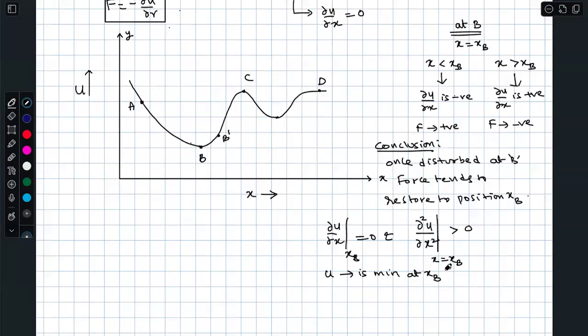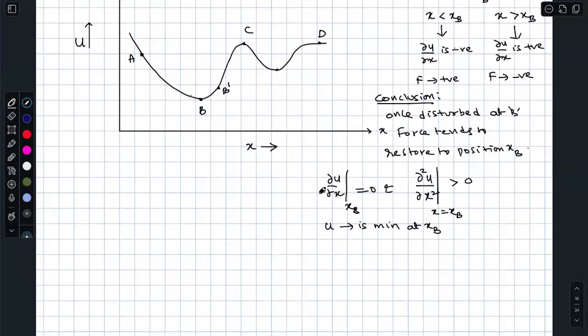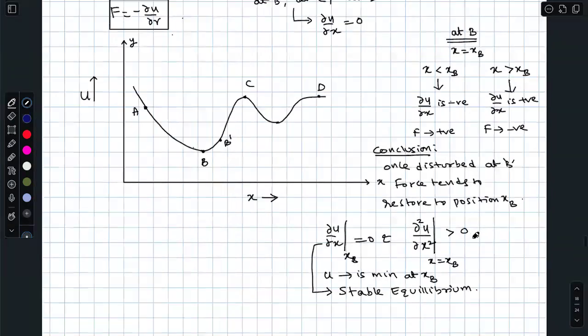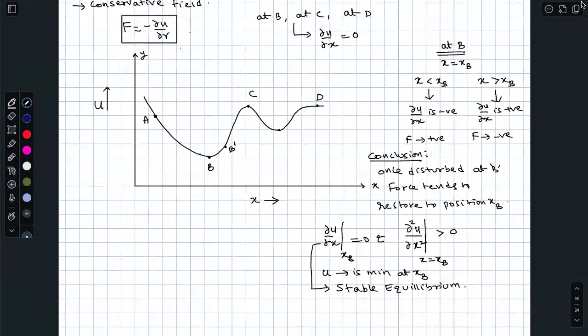So that is also one important point. Such an equilibrium is referred to as stable equilibrium. Do you have any doubt related to this?